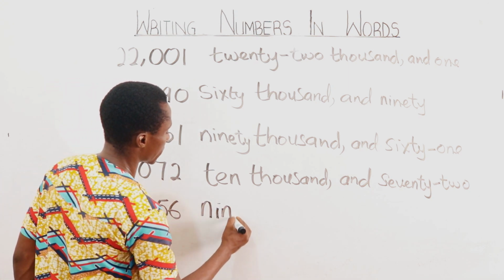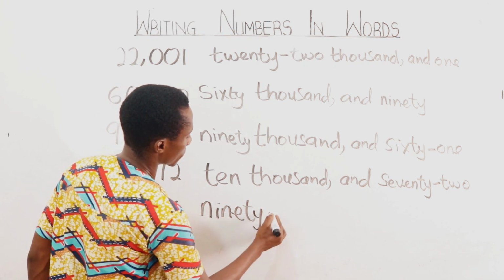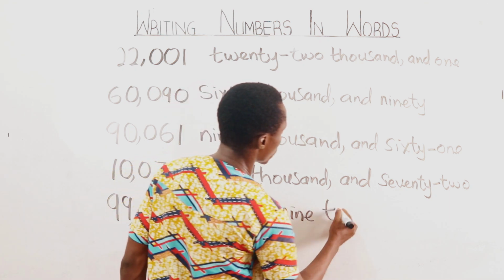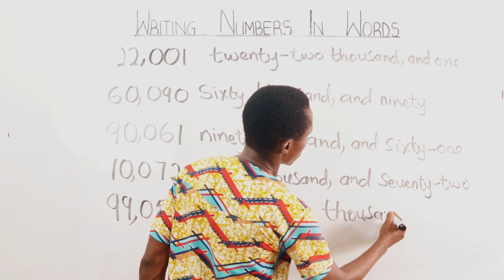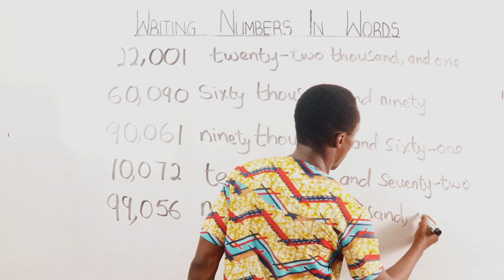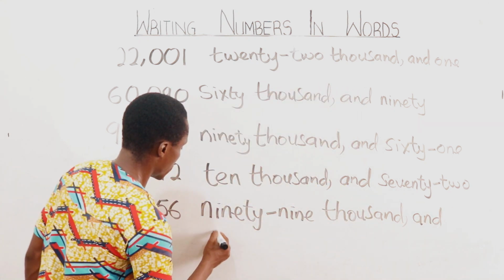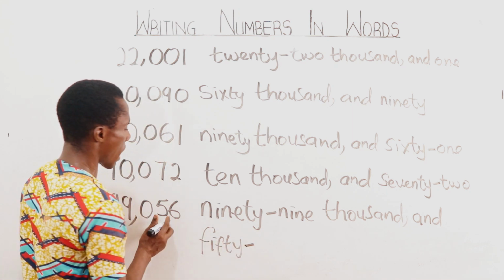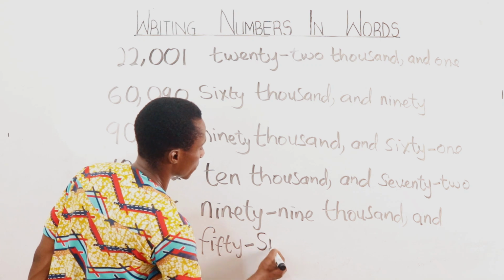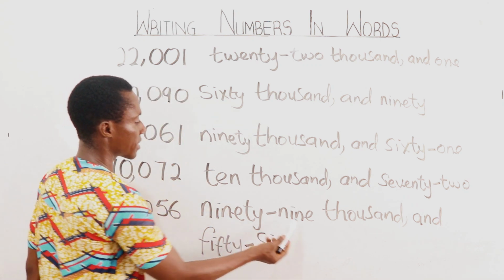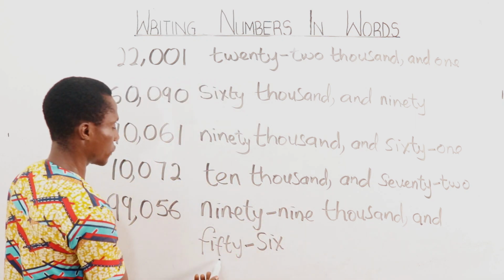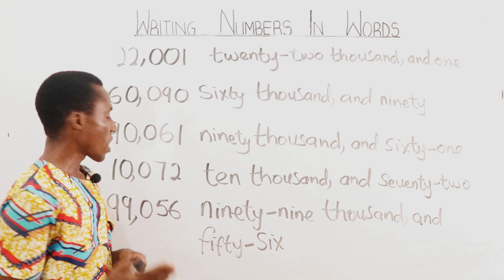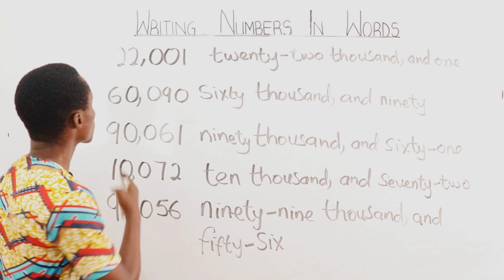So we have 99,000 and 56, which is also another compound number. So 99,056.